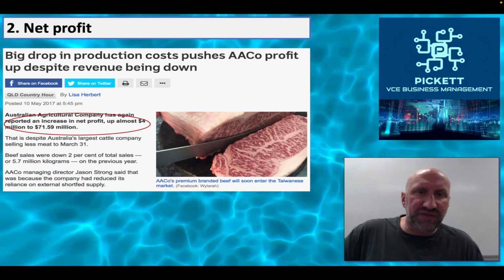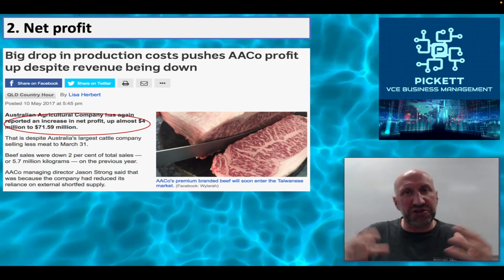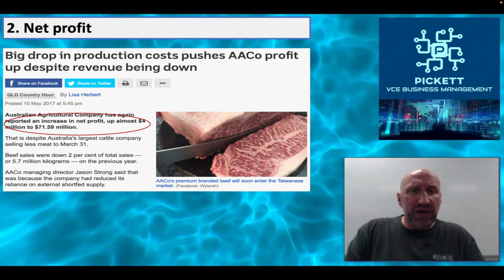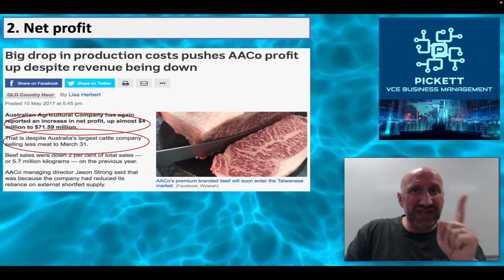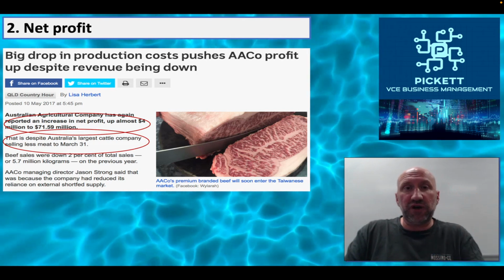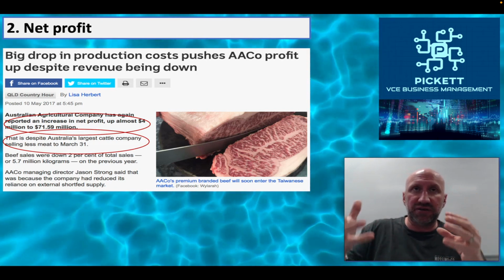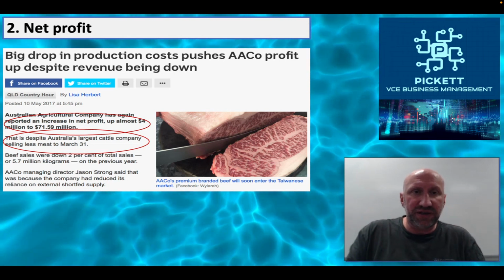So this business reported an increase in net profit, up almost 4 million to 71. So that's a good news story. But one thing I actually want to point out here, which is a really key thing to note, and where people often go wrong when they're writing answers, is they'll write something that is factually incorrect.